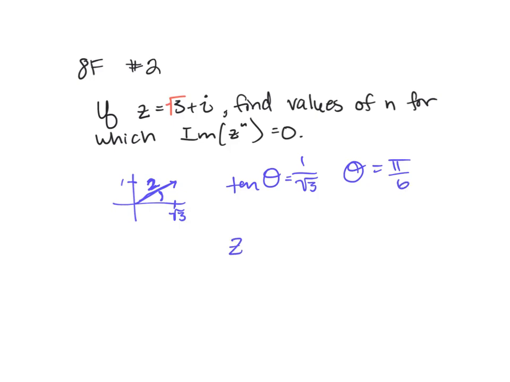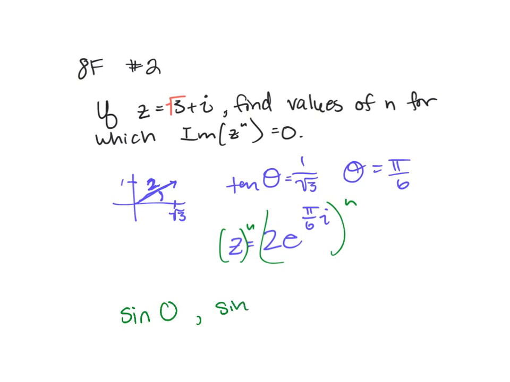And now in your Euler form, z is equal to 2 e to the pi over 6 i. And now if you're going to raise this to a power of n, it works out quite nicely because all you're looking for is a power of n such that when you multiply n by pi over 6, you get the sine of 0 or the sine of pi.